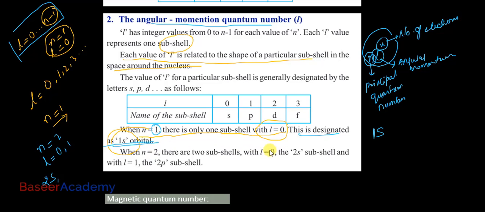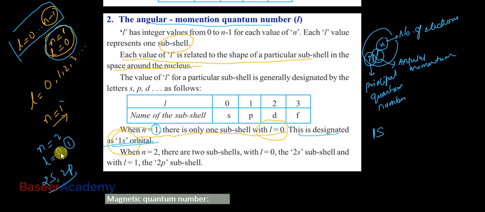The second shell has two subshells: 2s and 2p. Again, see here, n is equal to 2, so I'm writing 2 here. l value is 1. 1 means p orbital, so I'm going to write p. 2p. Right. So when n is equal to 1, we have one subshell.